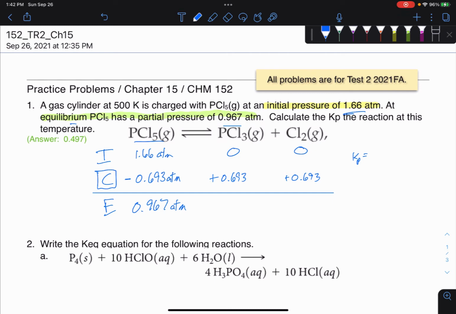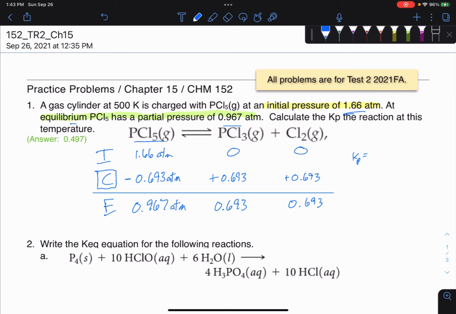Nothing is stated in the description of the problem, so we can assume that it's down at zero. So, 0 plus 0.693 tells us how much the partial pressures are for the two products. And now we're really ready to plug and chug into the KP expression.